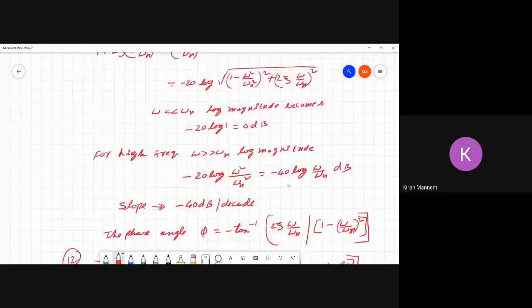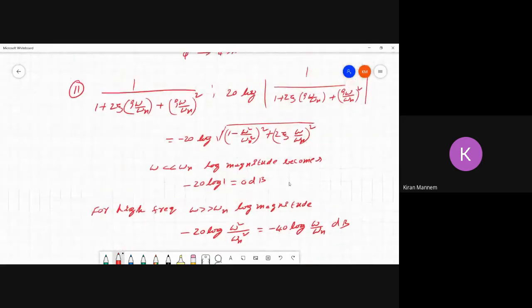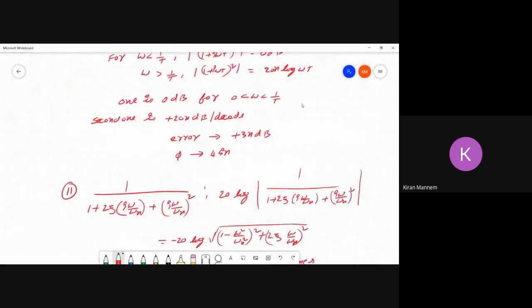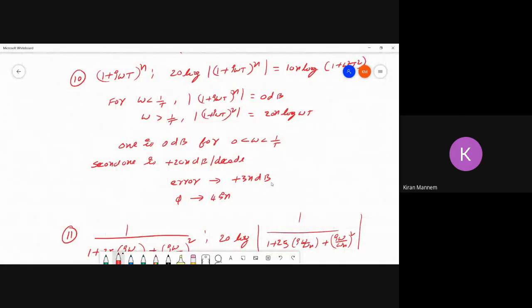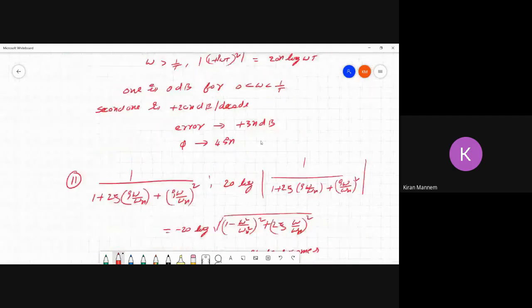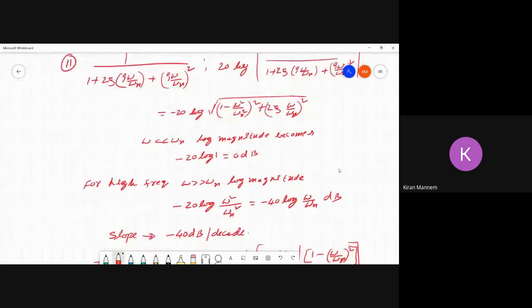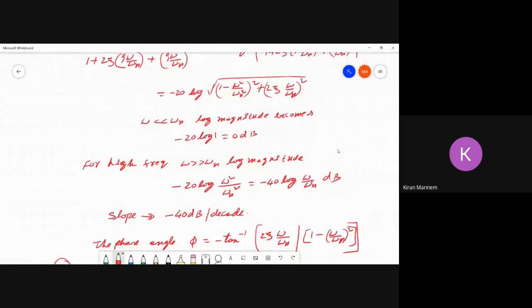I wrote slope here. Yeah. So error is, see this, it is multiplied by n. If it is n equal to 2, it would be 6. So what about this? This is minus 6 dB. Here we'll get minus 6 dB correction at corner frequency, and also minus 3 dB at the other points, quadratic poles, right?